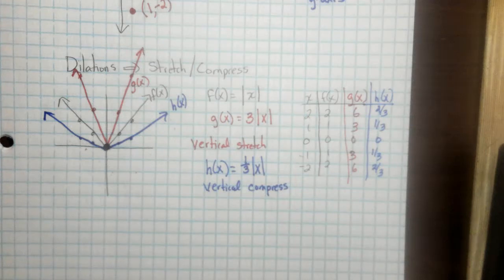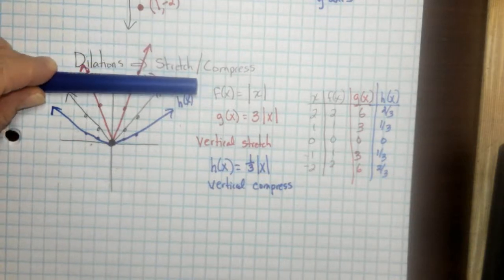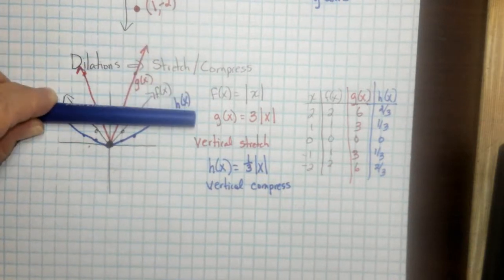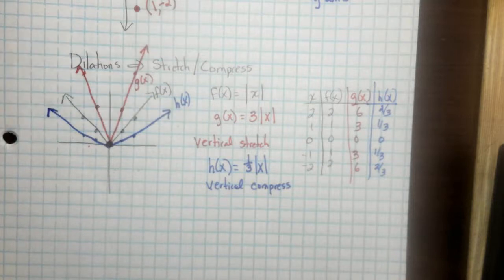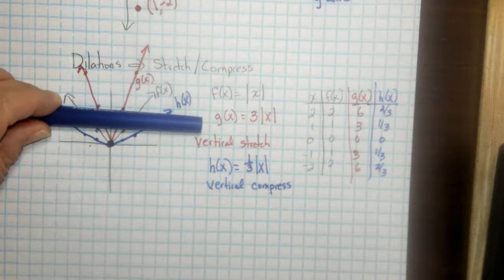I like to envision somebody just came along on my f of x and just stepped on it and pressed it down, right? Can you envision that? There's your black one, and you just press it down.